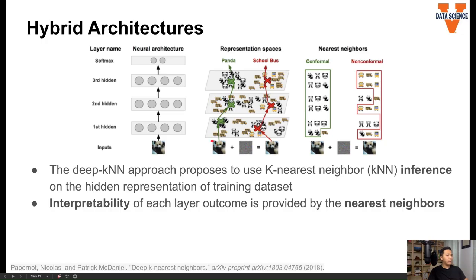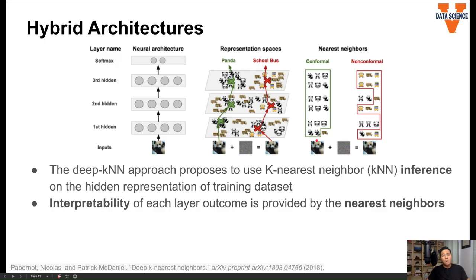For example, if you want to explain why this example is predicted as a panda, you map this example to different hidden representations, and for each of those representations, you find the nearest neighbors. So you can explain this is a panda because throughout the different representations there are also a lot of closest neighbors claiming the label panda. That's what is called conformity. So if you go through here, for the panda, your nearest neighbors basically come from the same class, which explains why the model makes the prediction that this is a panda.